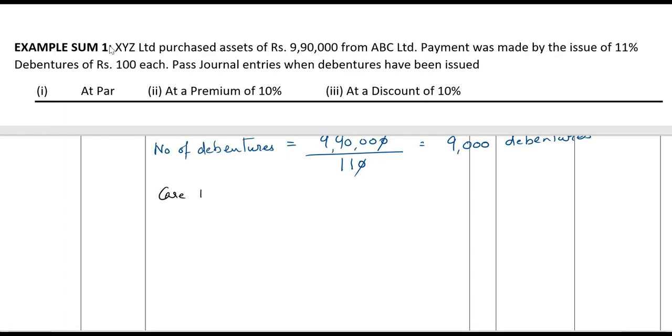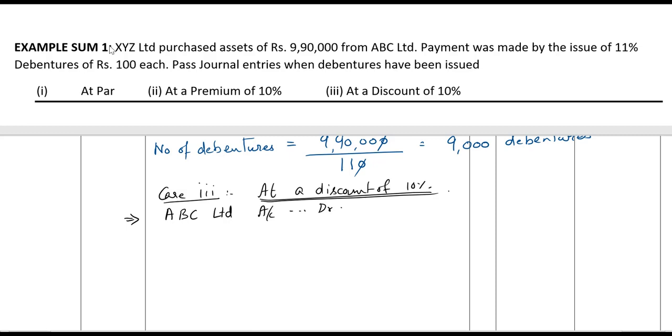Case 3, at a discount of 10%. So the journal entry is ABC Limited account debit. The amount payable to ABC Limited, 9,90,000 rupees.